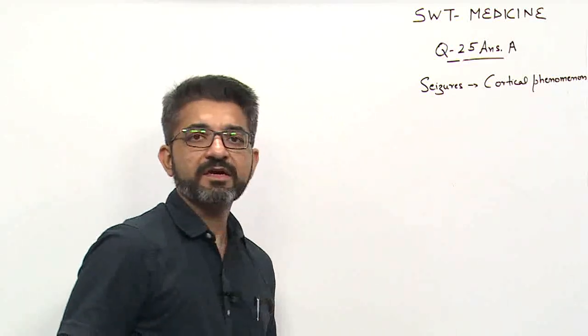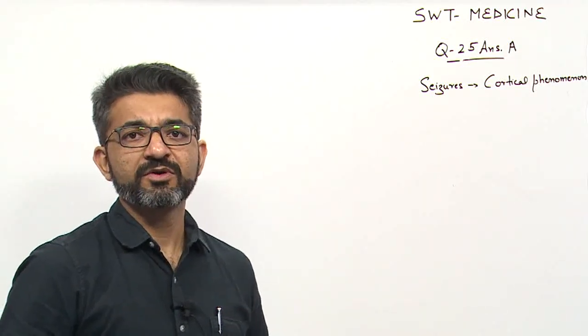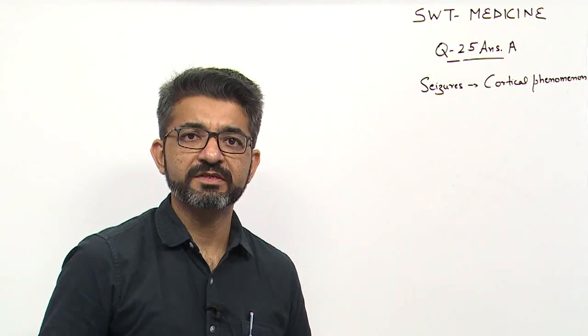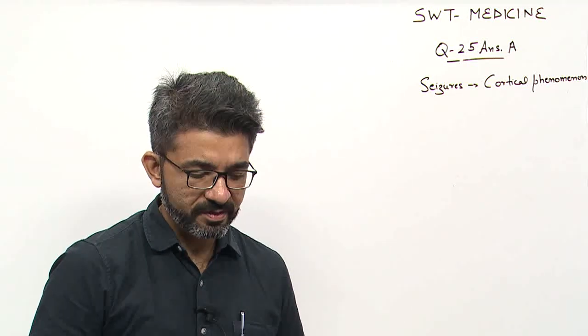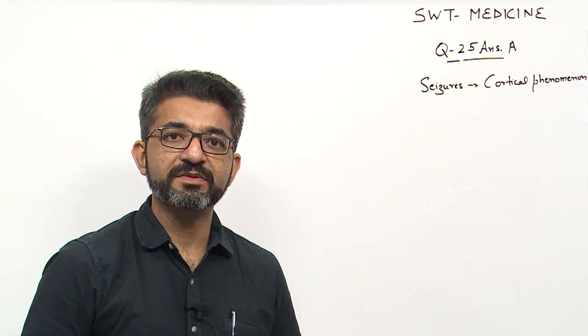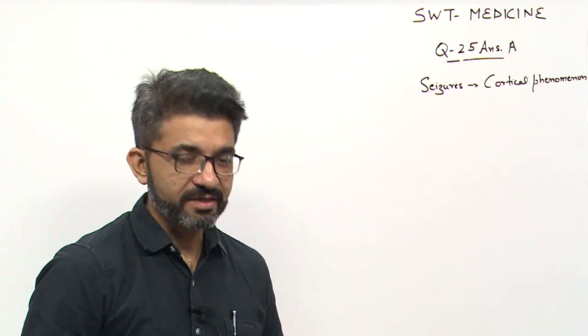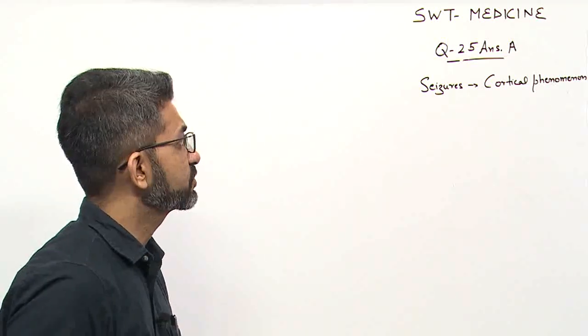So, anything occurring below the cortex should not produce seizure, and Kluver-Bucy syndrome, the lesion is medial temporal lobe and it is a subcortical lesion. So, seizure should be absent.